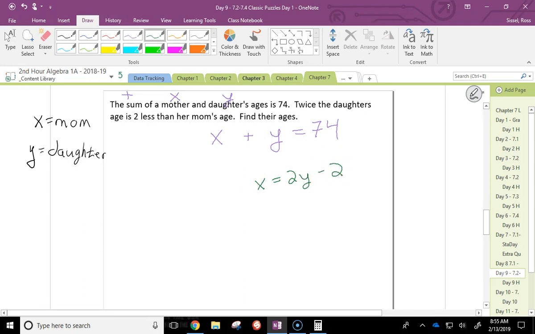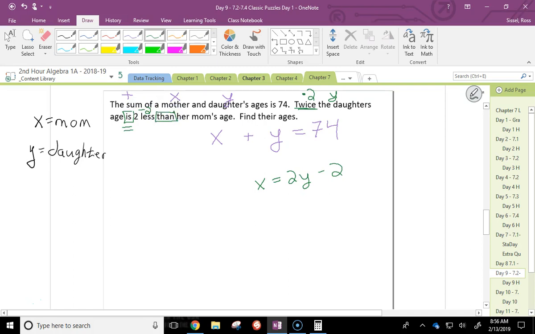Here's how I would do this. Twice means what? 2, times by 2, right? So I'm going to say multiply 2 times the daughter's age. Is means equals. 2 less means minus.